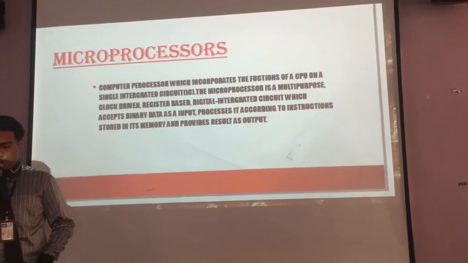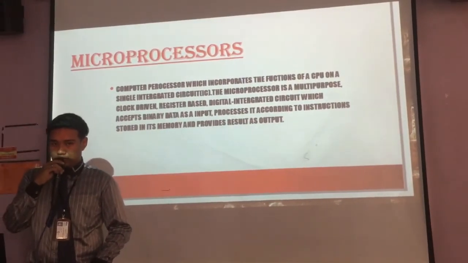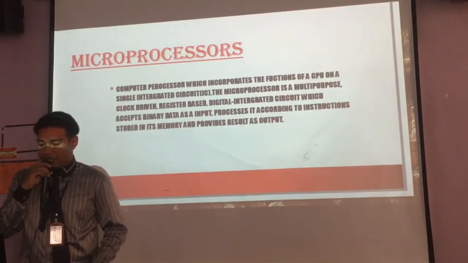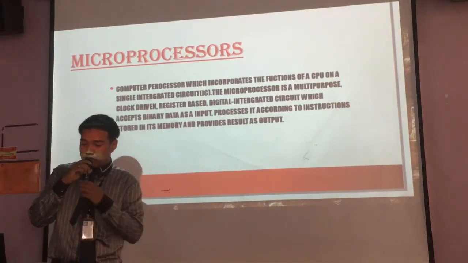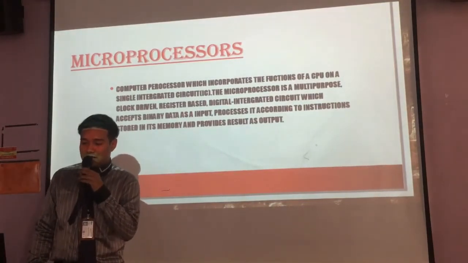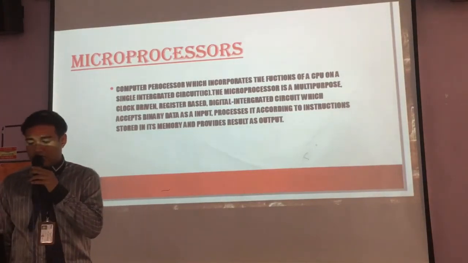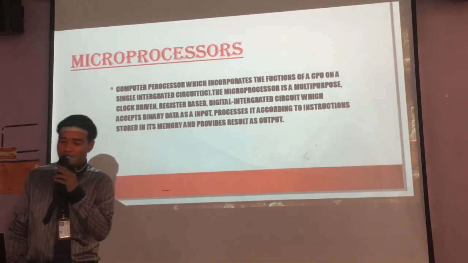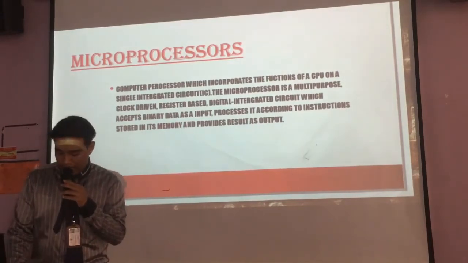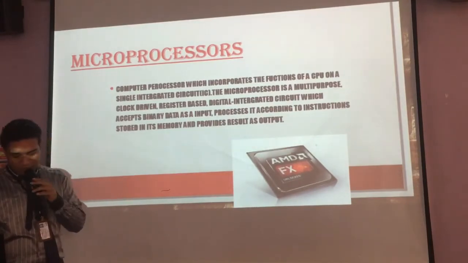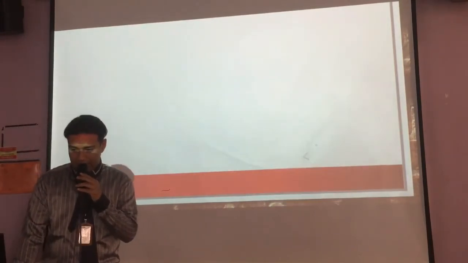The microprocessor is a multi-purpose, clock-driven, register-based digital integrated circuit which accepts binary data as input, processes it according to instructions stored in its memory, and provides results as output. That's an example of a microprocessor.